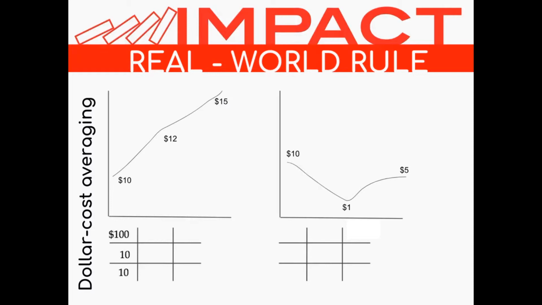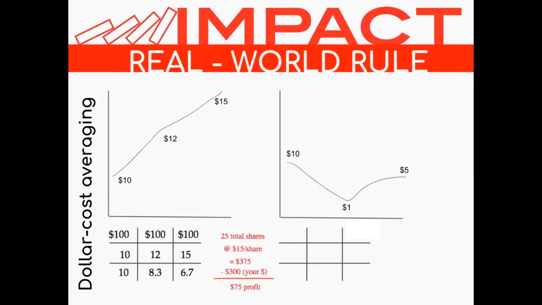We're able to get 10 shares. The next month we put in $100. Now the price per share is $12, and we're only able to purchase 8.3 shares of the same stock or mutual fund because the price has now gone up. Next month we put in $100 again. The price is $15 per share. We're only able to get 6.7 shares.